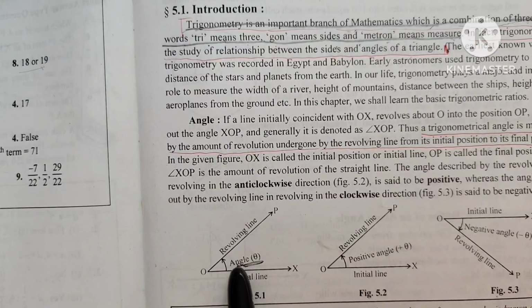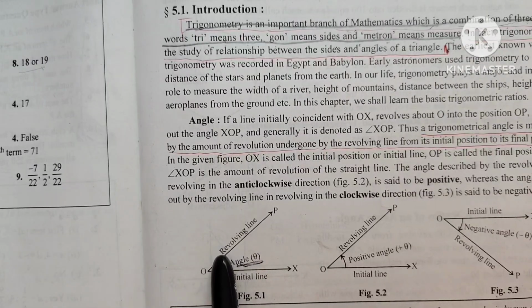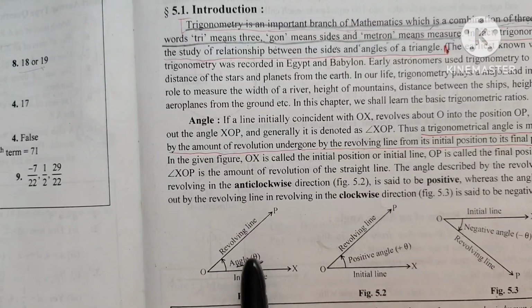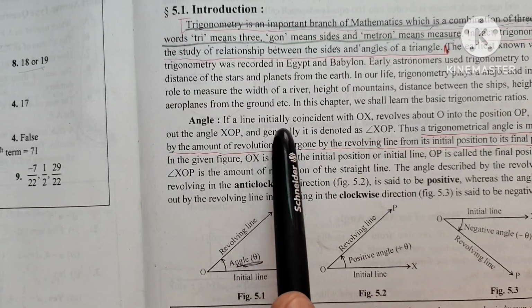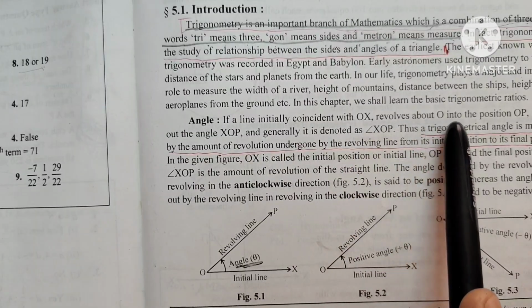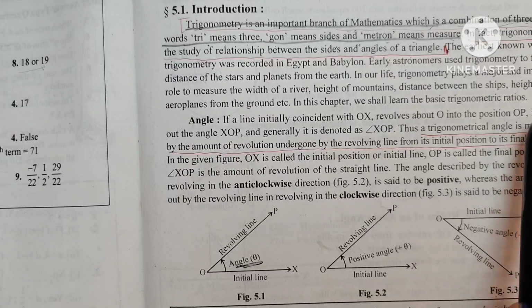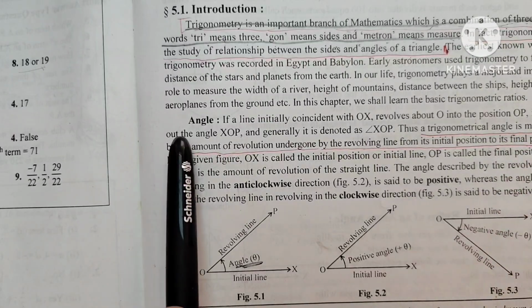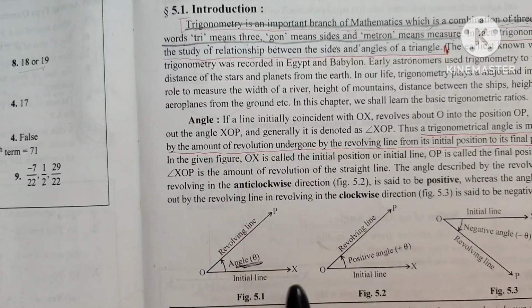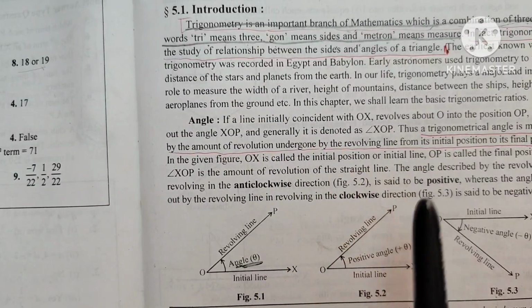So the gap or space between these two positions of a line, the initial line and the revolving line, we will call the angle. So if a line initially coincident with OX revolves about O into the position OP, it traces out the angle XOP, and generally it is denoted by angle XOP.